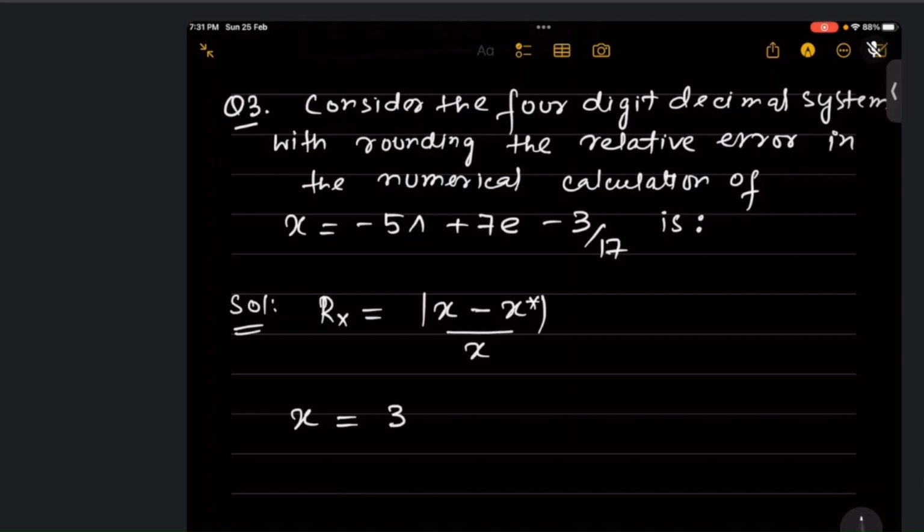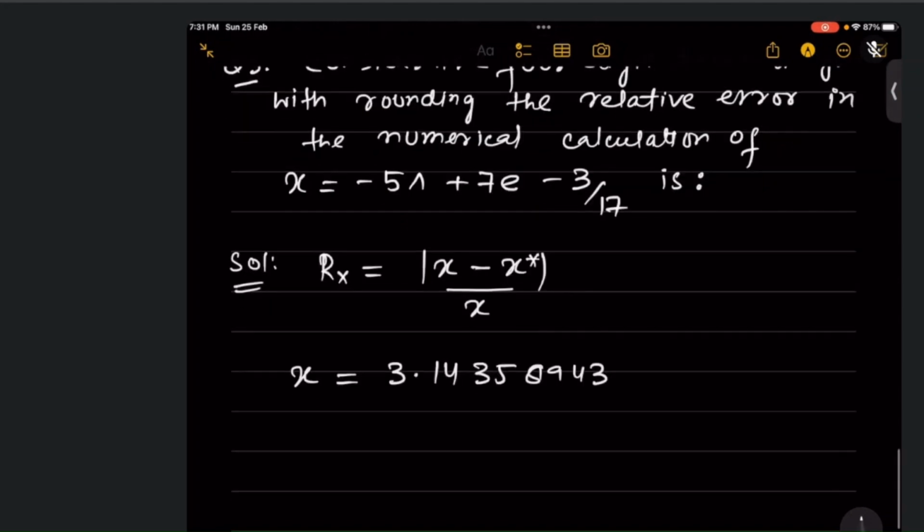So you are getting 3.1435389. So this will be the actual value of x.